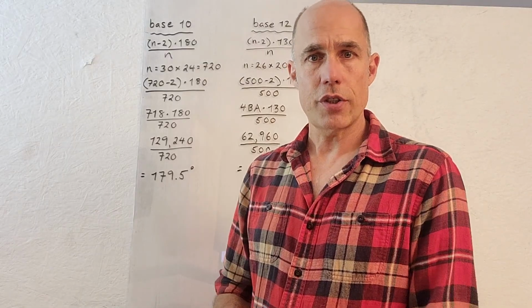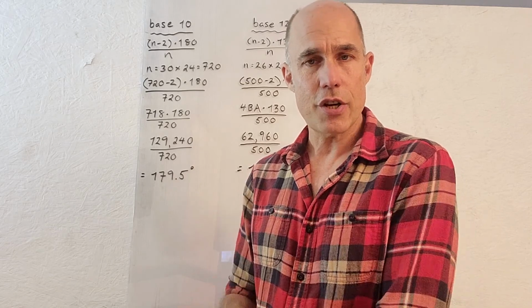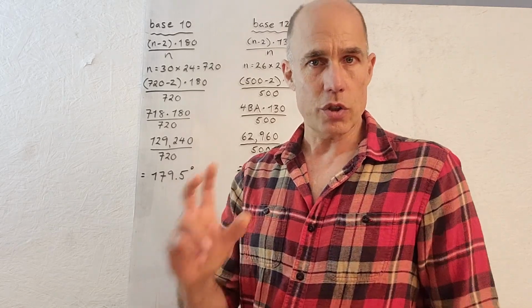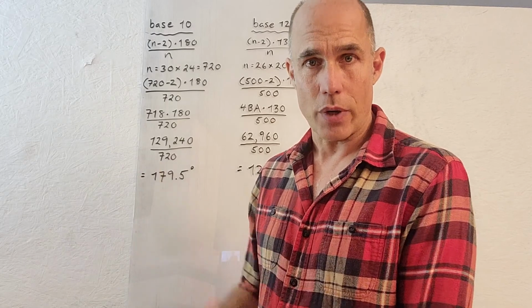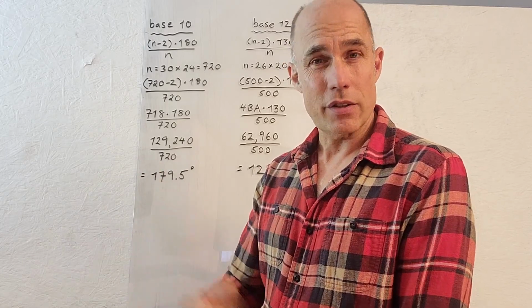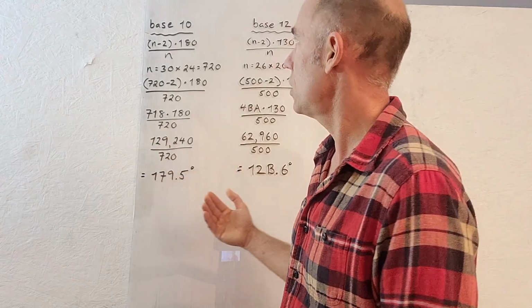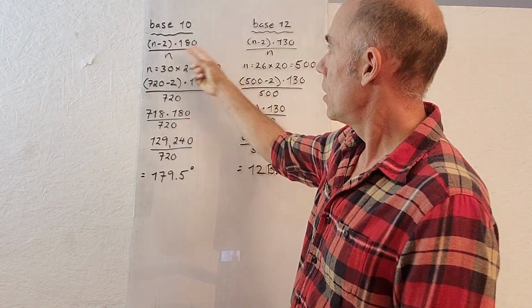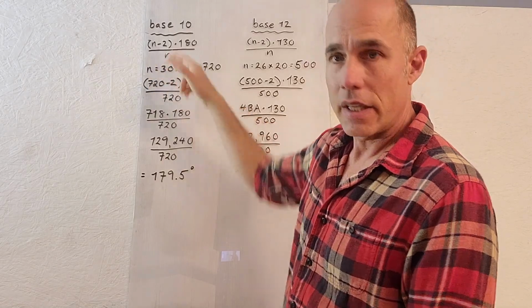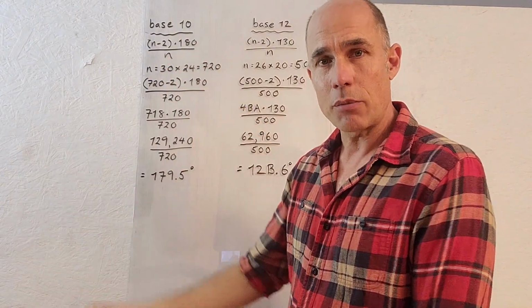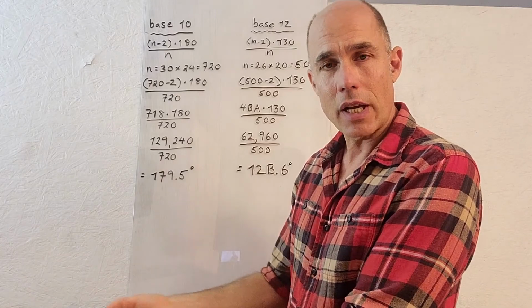All right, so the first thing I want to do is calculate the interior angle inside those smaller rings on the 30th ring. In base 12, that's the 26th ring, so I've included both versions of that calculation. We'll start in base 10. So our n is going to be the 30th ring times 24, because the first ring had 24 sides.